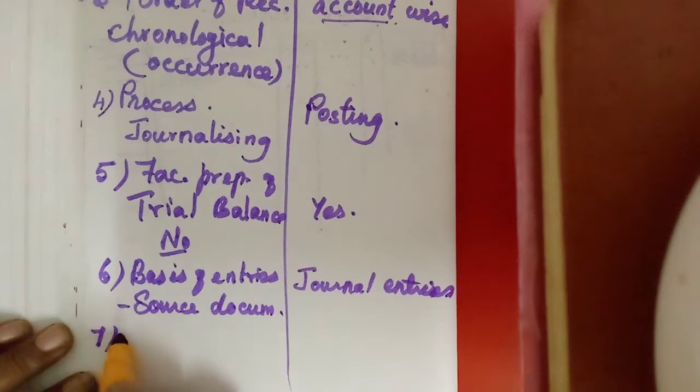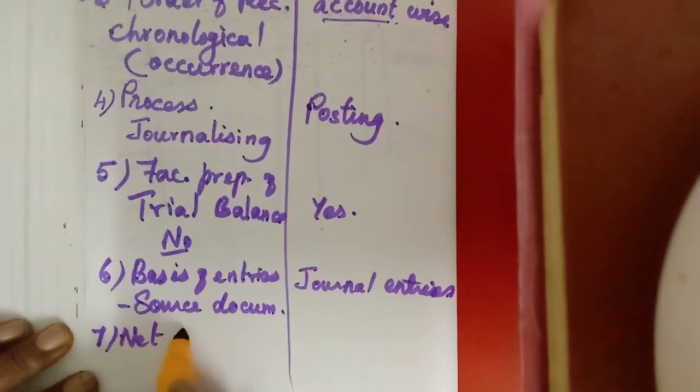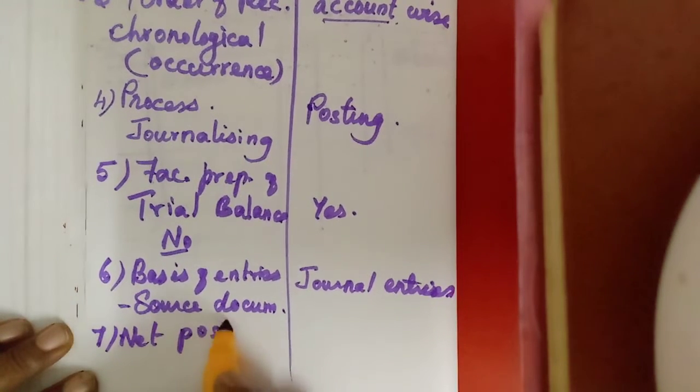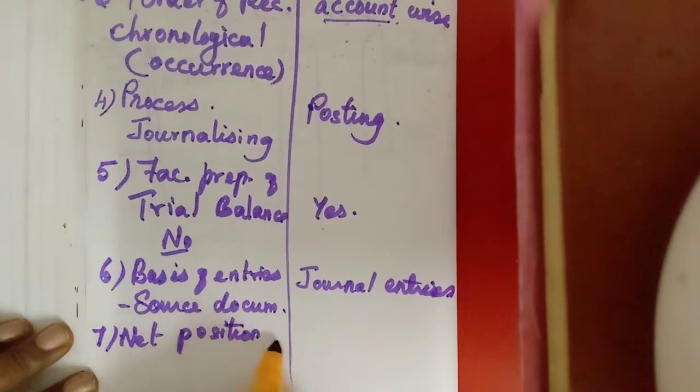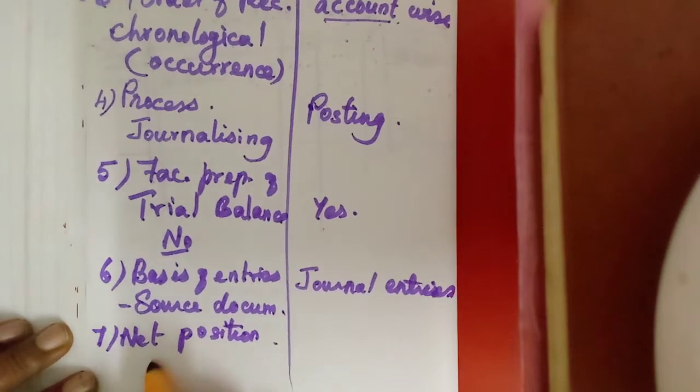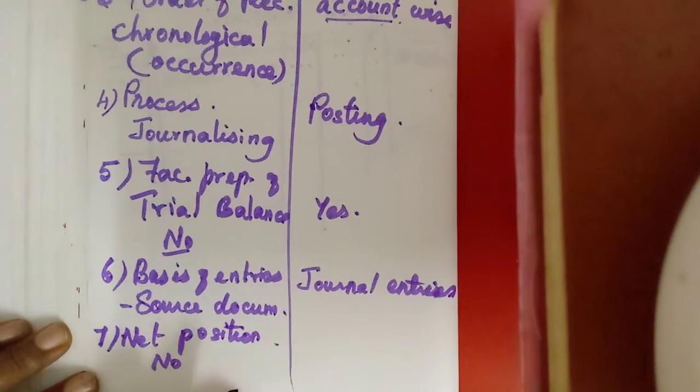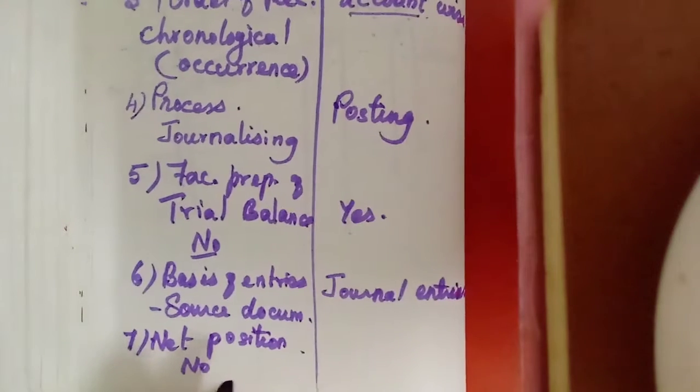Then the last point, the net position. By preparing a journal entry, we cannot find out the net position of an account. We cannot conclude how much we have received.